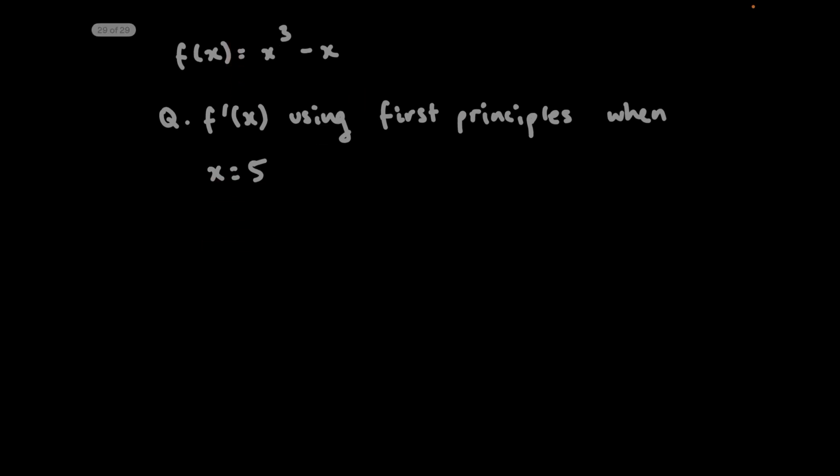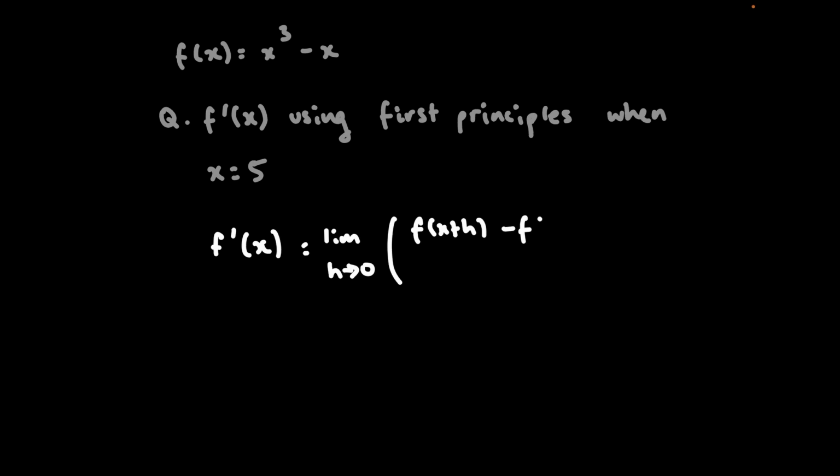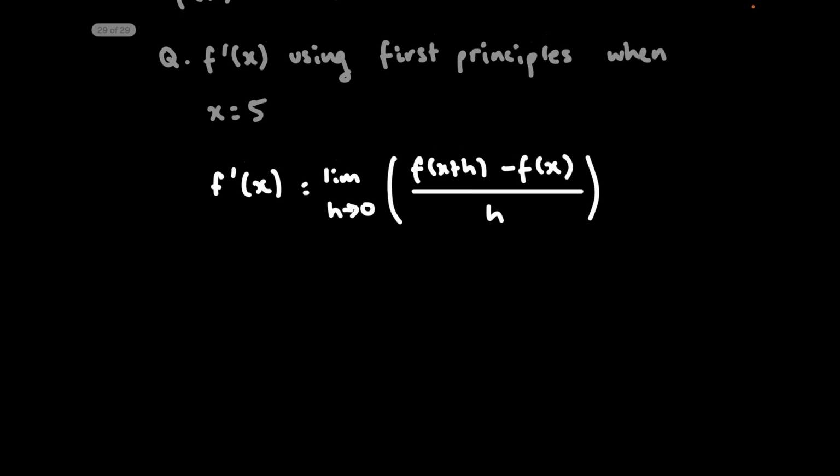So the first thing we need to do is differentiate by first principles. And we know, back to the formula, f dash x is equal to the limit as h approaches 0 for f of x plus h minus f of x all over h. We're going to do this process with the equation here at the top.